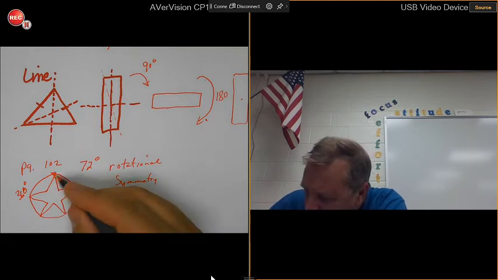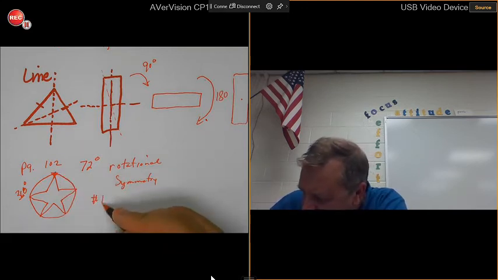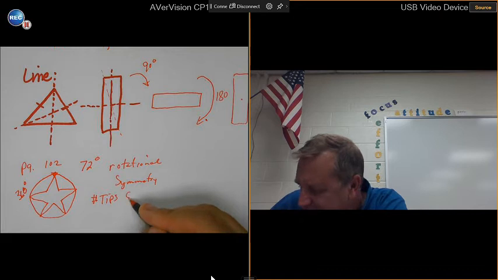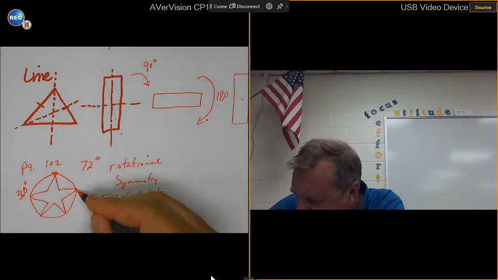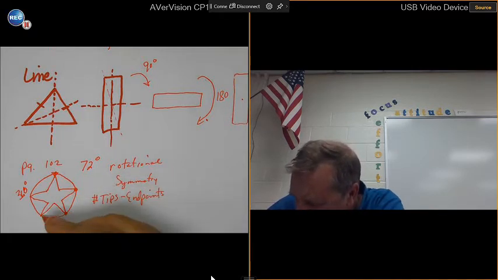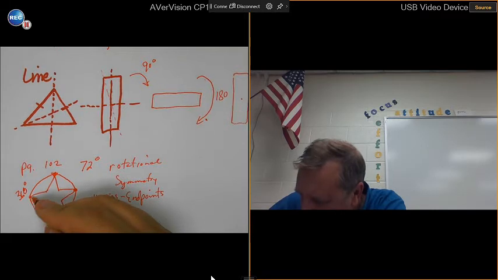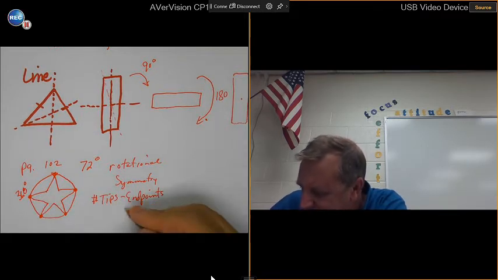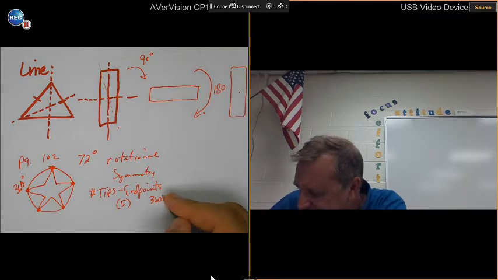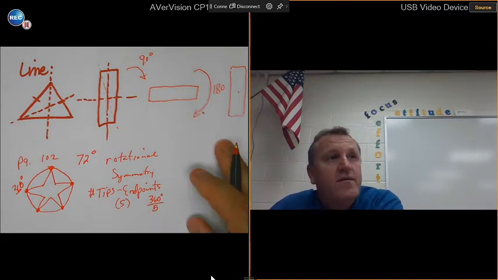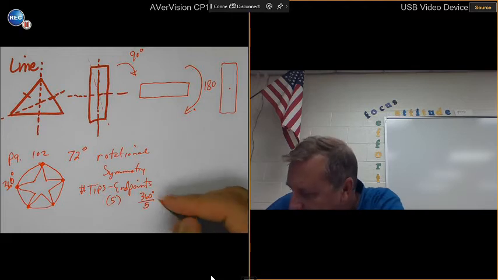So if we count the number of tips or endpoints of the figure, in this case we have 1, 2, 3, 4, and 5. In this case there's 5. So then we take 360 degrees divided by 5. And when we do that, we get 72 degrees.